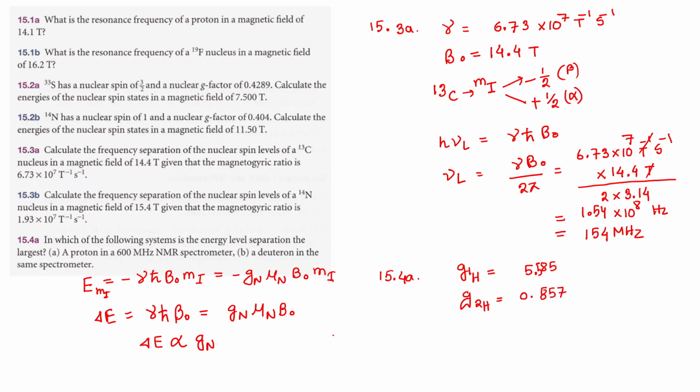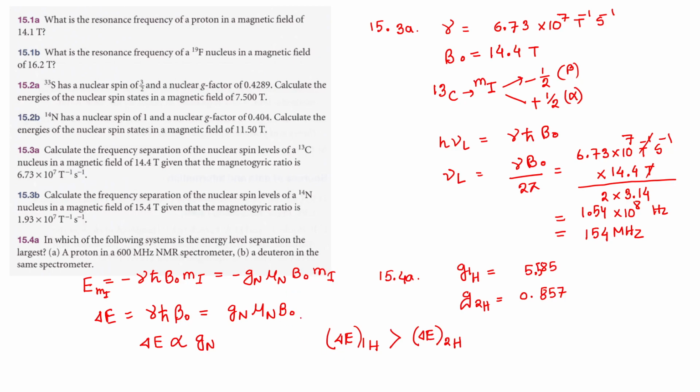So obviously your delta E for proton, or the separation between the nuclear spin states of proton, is going to be higher than your delta E of 2H. Why? Because your G factor is different, and the G factor is very small for deuterium.